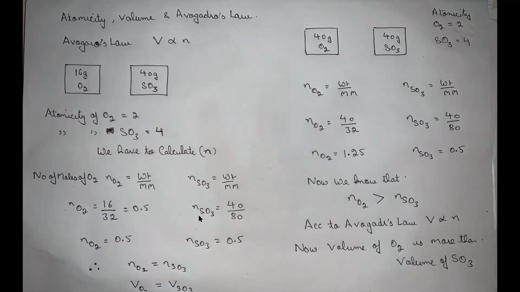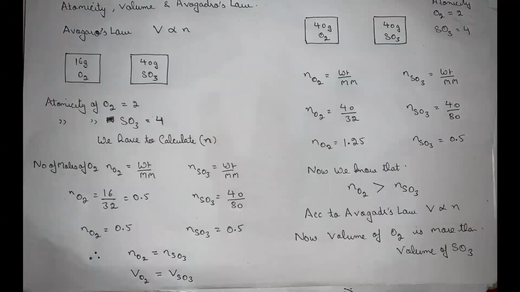After calculating, we get the value 0.5. So number of moles of oxygen gas is equal to 0.5 moles and number of moles of sulfur trioxide is equal to 0.5 moles. We know that both moles are equal, so the volume of both gases will be equal.